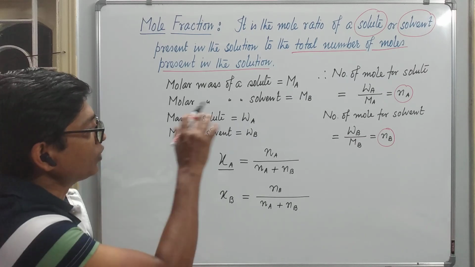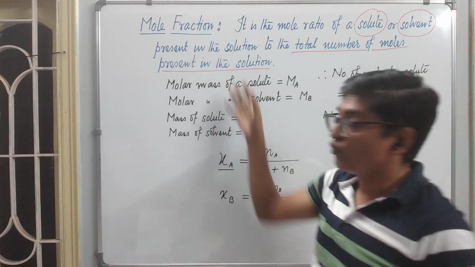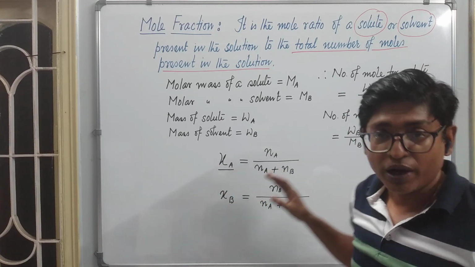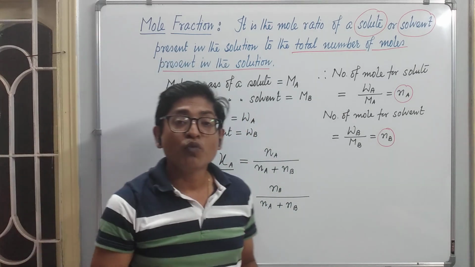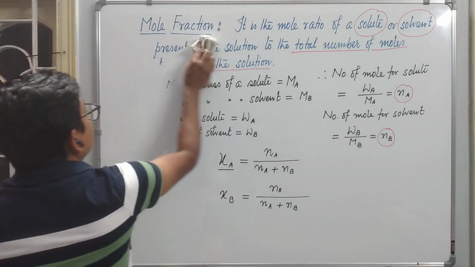Once you understand this mole fraction, we'll move on to find the relation between this mole fraction and molarity, and second, I will check it for molality. Okay, so let me erase this one.